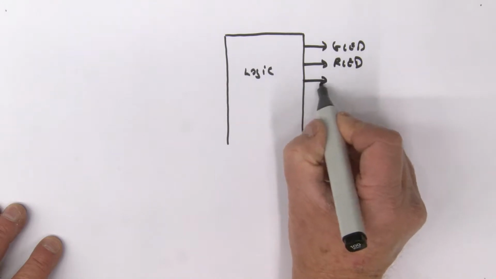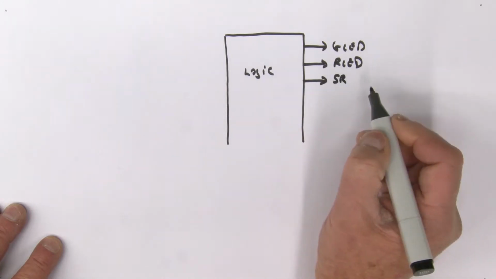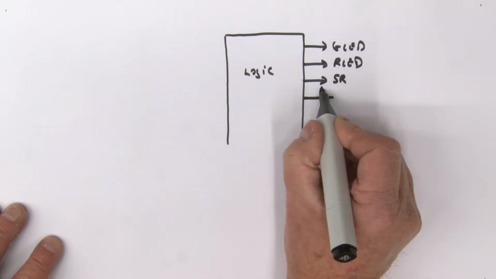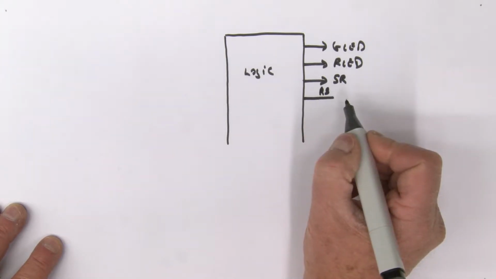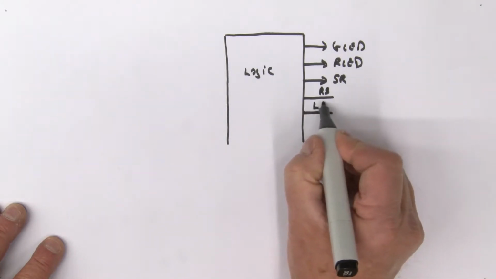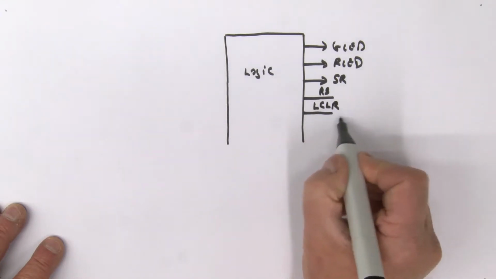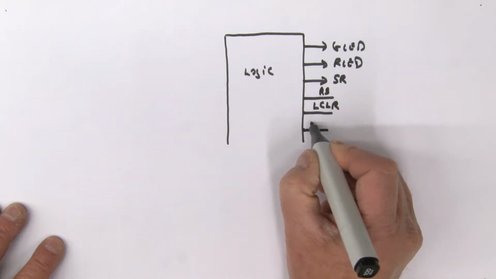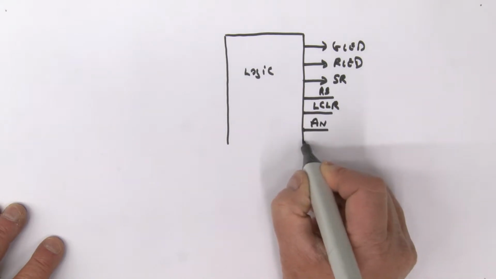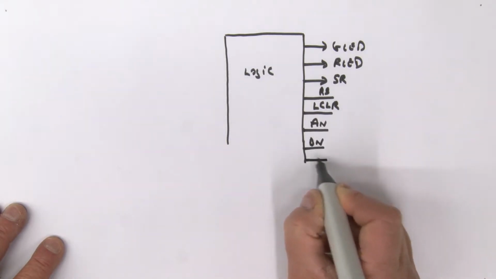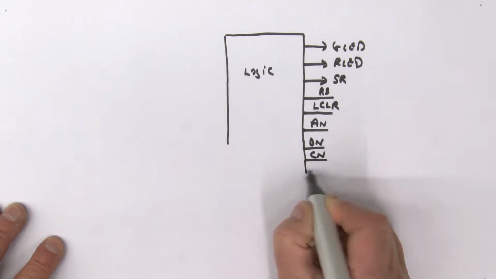We've got a siren output, we call it SR. We've got a reset. Now this reset is going to be used basically for my SR latch. We've got a clear function, LCLR, which is used to clear the counter for us. And then of course we've got our next state variables, AN, BN, and CN.